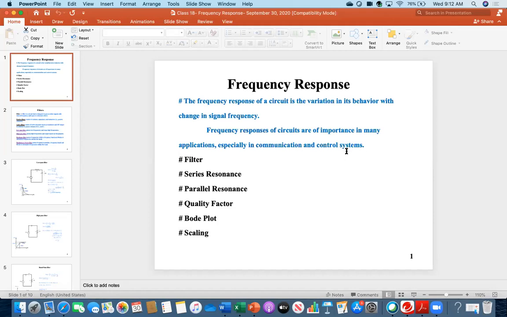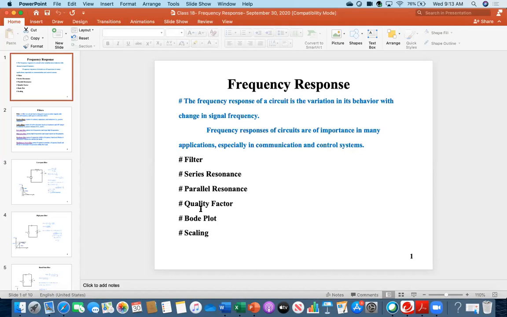Now, with regard to frequency, when we are learning it, several concepts are of high importance. For example, one is the filter. Then there is resonance, which for a series circuit is called series resonance, and for a parallel circuit is called parallel resonance.